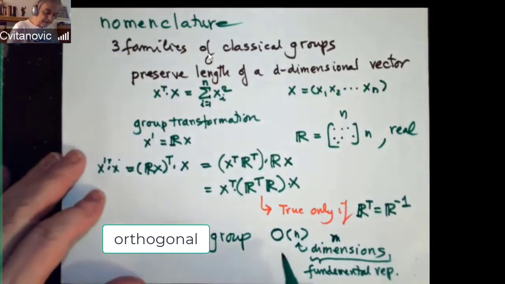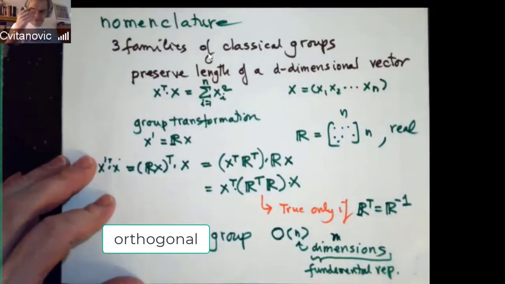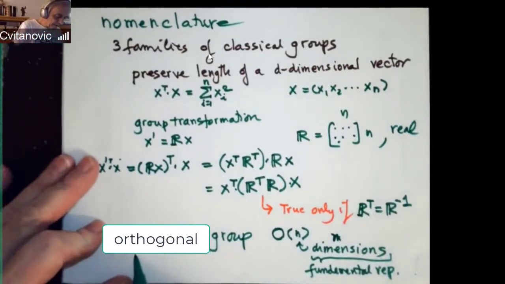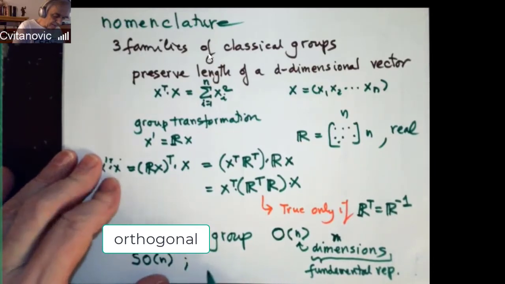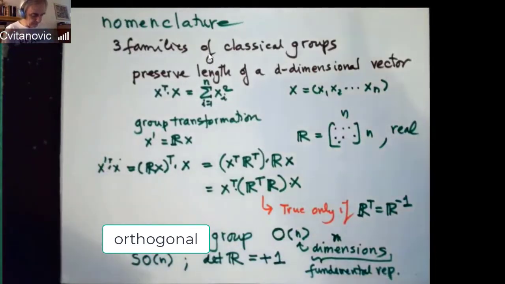And that group, the orthogonal group, includes all the matrices, including these inversion matrices. But if you do the logical thing, which is you allow only rotating things smoothly without inverting them, then you get the special orthogonal group SO(n) in n dimensions, which has a property that the determinant of R is +1. So that's the special orthogonal group.